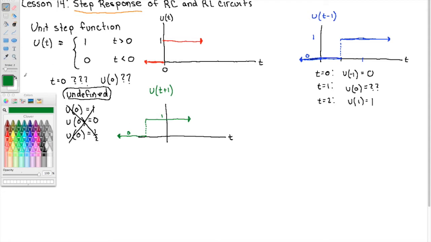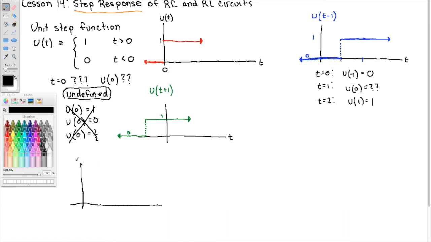Now, let us try to express a square pulse in terms of the unit step.